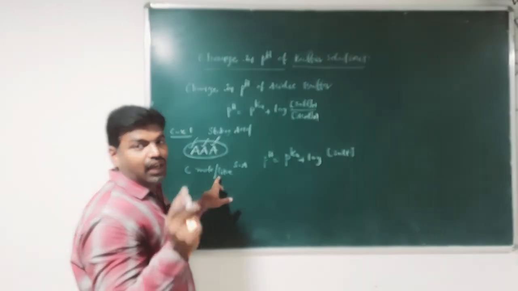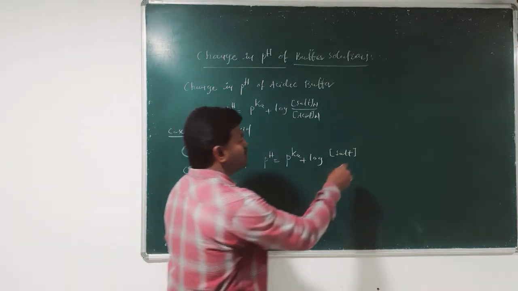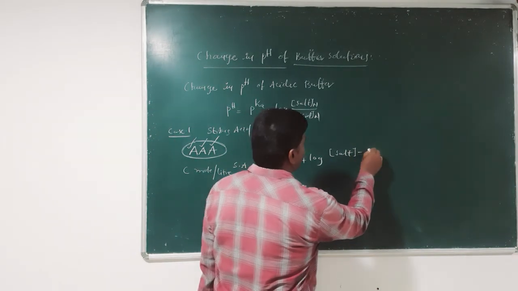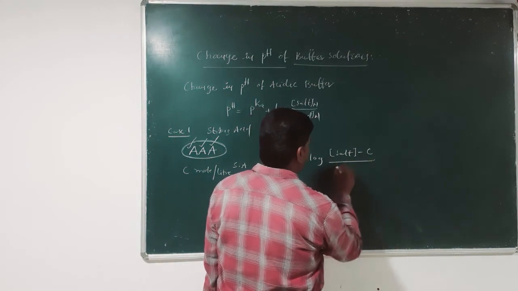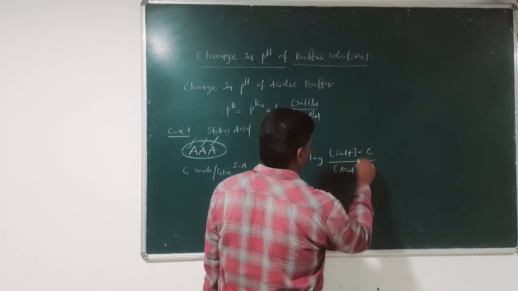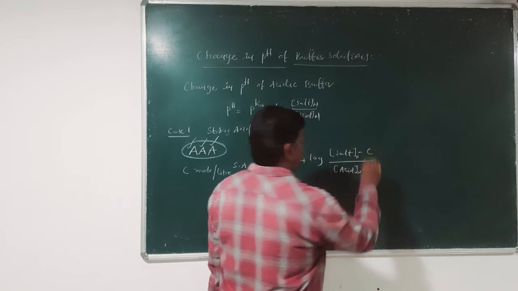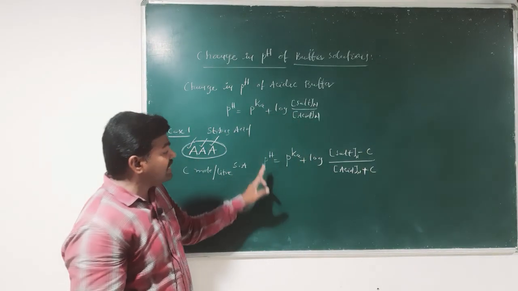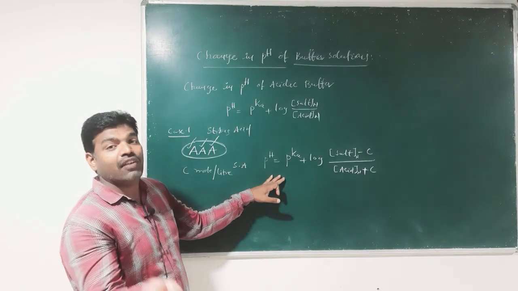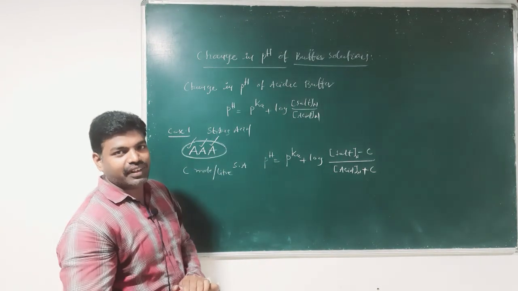So concentration of acid. So that is the change in pH when we add strong acid to acidic buffer.